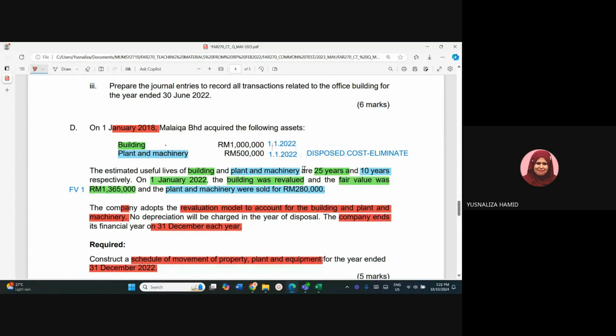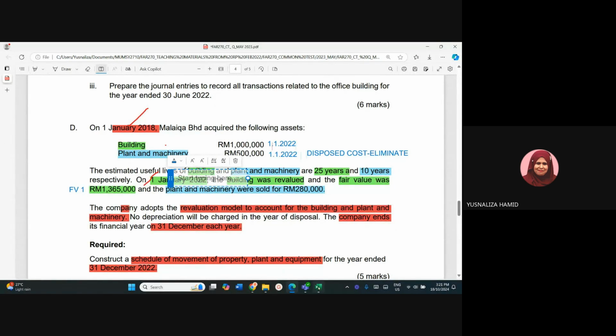So you will divide that by 25 years, and you're going to check from 1st of January 2018 until the revaluation date, 1st of January 2022, how many years and how much is the accumulated depreciation from the date of acquisition, which is this one here, and up until the date of revaluation.